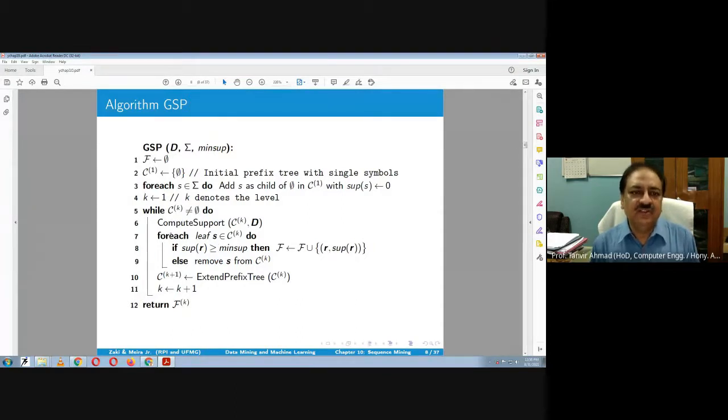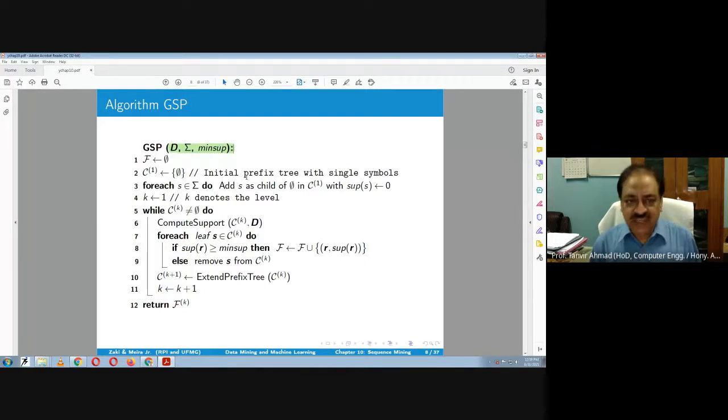These 3 are the parameters of GSP. Now I start with F equal to null, and initially C1 is equal to null. That means it contains one single symbol which is null.